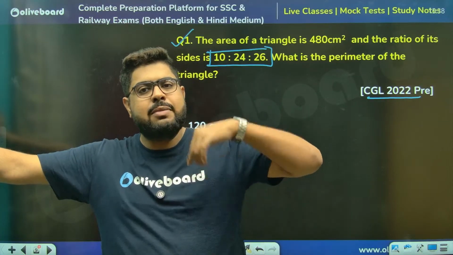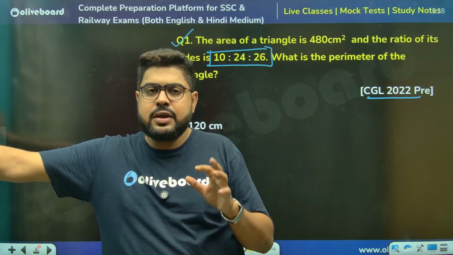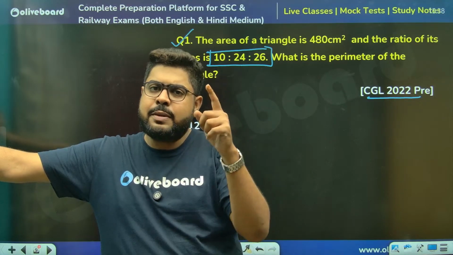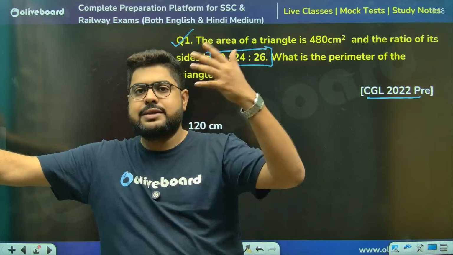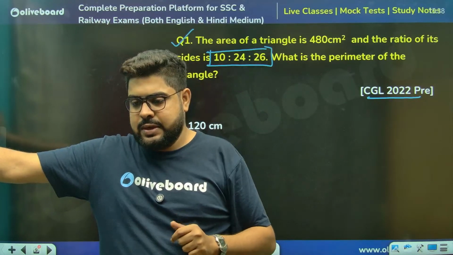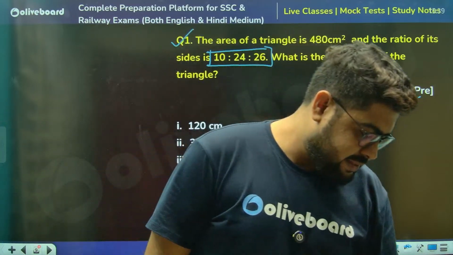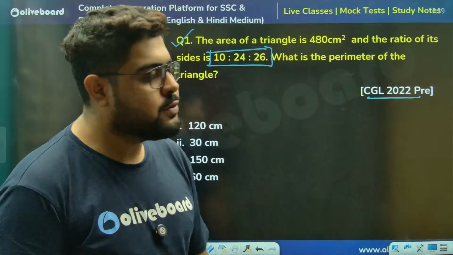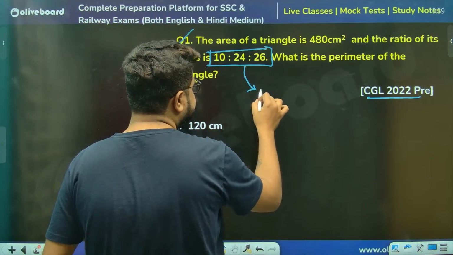Now, if you are remembering things rather than understanding things, your brain will be busy recalling that thing rather than thinking about the question. If your instinct is strong, just by looking at these values, you will say, sir, this is a right angle triangle.